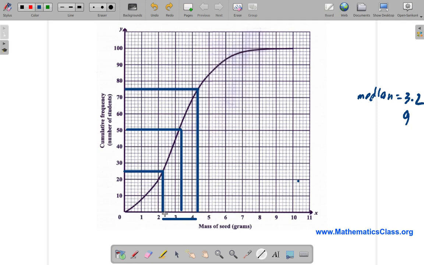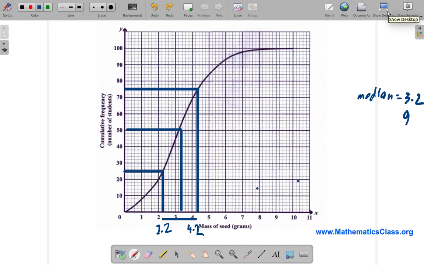So this looks like 2.2. Looks like you have a 2.2 there. And this, what did I say it was again? 4.2, if you consider that. 2.2 to 4.2.